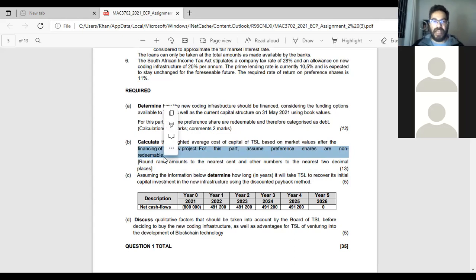That means we must use the perpetuity formula for the preference shares. So just take note of that. Now let's go and answer WACC. Remember, I'm not going to use after the financing. Once we do part A next week, then I'll do part B again.